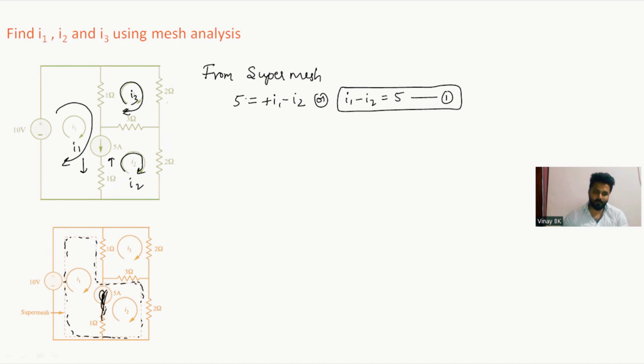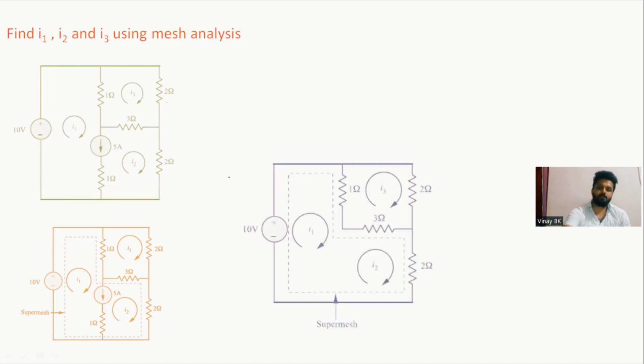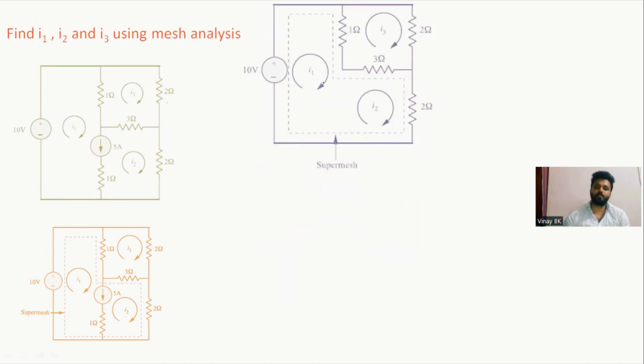So removing the 5 amperes and 1 ohm branch, then you apply KVL to this super mesh loop. First you write the equation from the super mesh, that is 5 equals I1 minus I2, which I already explained, or you can read it as I1 minus I2 equals 5. This is equation 1. Then you apply KVL to the super mesh loop.